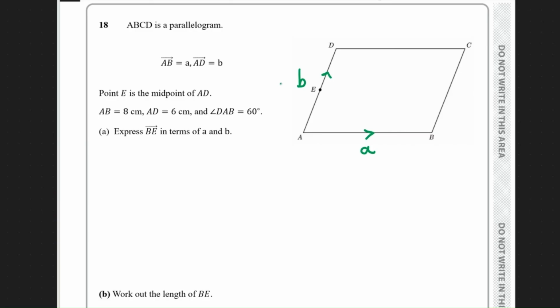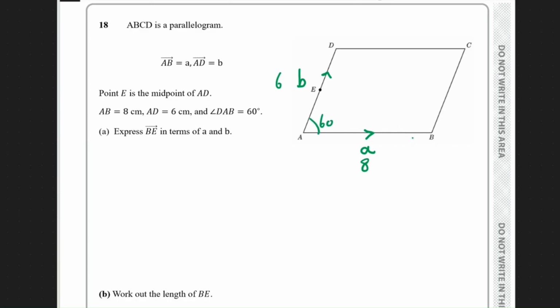Now it's midpoint, that means it's half. So this is E here, and AB equal 8 centimeter, so this one 8 centimeter. AD equal 6 centimeter, so this one 6 centimeter here, and angle DAB 60 degree, so 60 degree here.